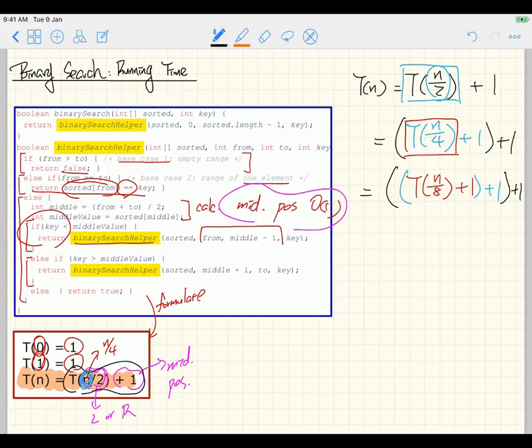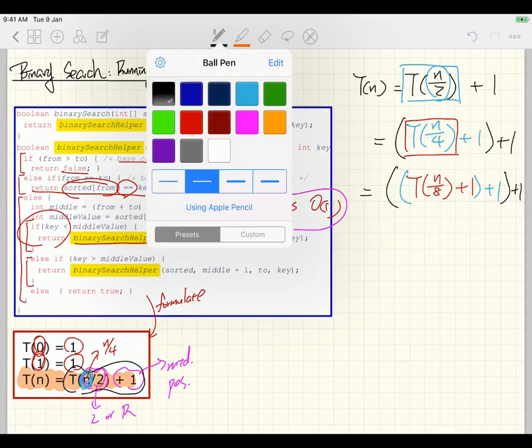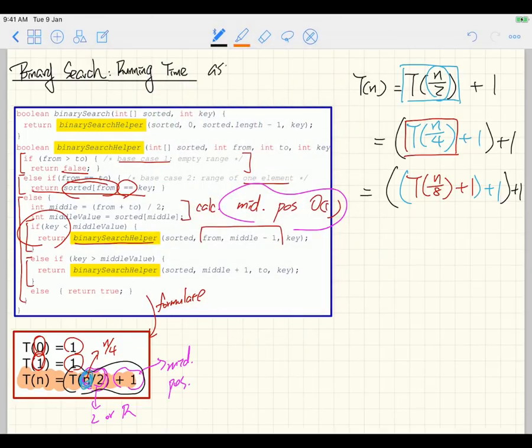Now, again, what's the big picture? We want to keep doing this unfolding until we reach the base case, which can be either 1 or 0. Let's make the assumption that you will also see on the slides. Let's assume the value of n is simply 2 to the power of something, i. Just make it easy.